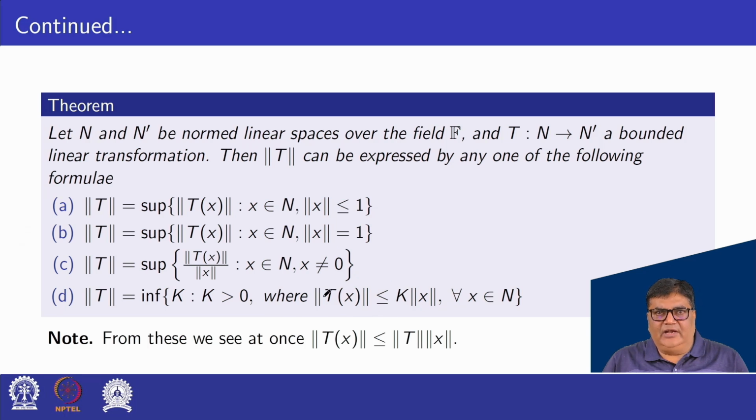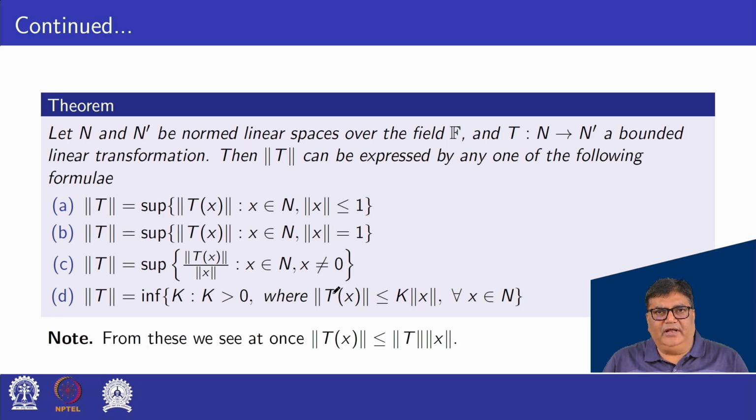This condition, norm of Tx less than or equal to k norm x, can be written as norm of Tx less than or equal to norm of T norm of x. Why? Because the infimum value for a bounded linear transformation is a real number, so it can be denoted by norm T, that is a constant.